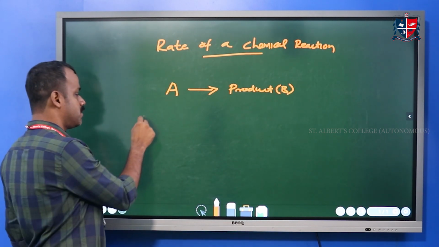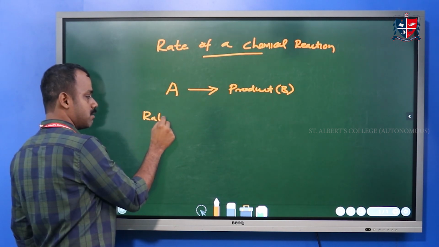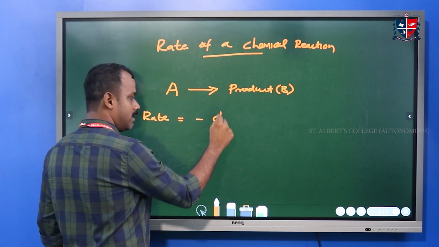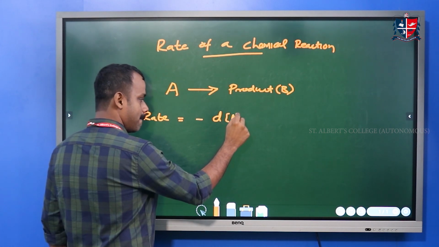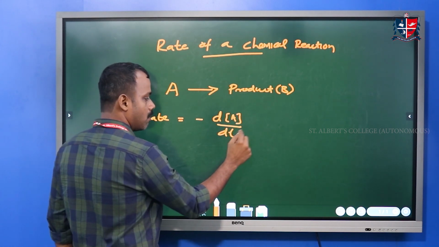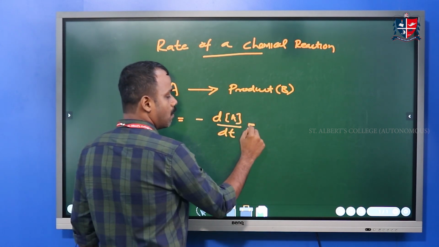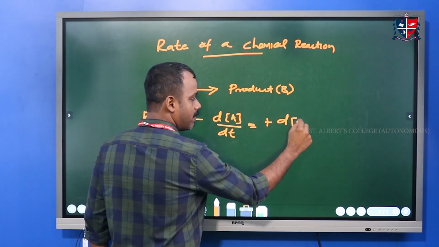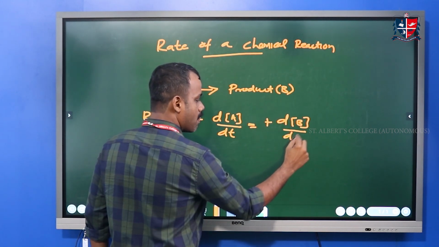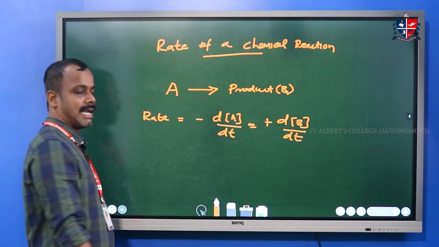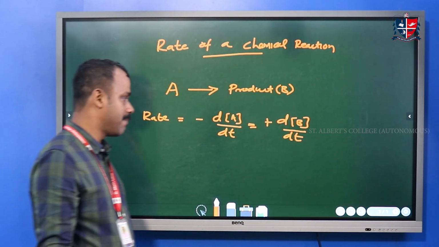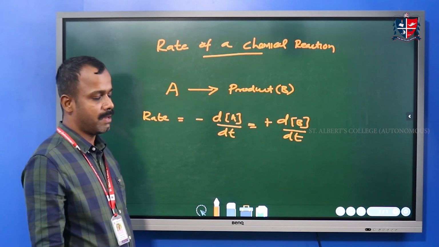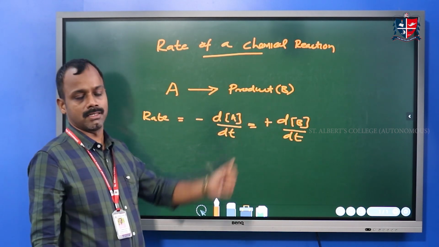Now the rate of this reaction can be written as minus d[A]/dt, which is equal to plus d[B]/dt. So this is the expression for the rate of a chemical reaction. We consider this hypothetical reaction, A gives B, and the rate can be written like this.